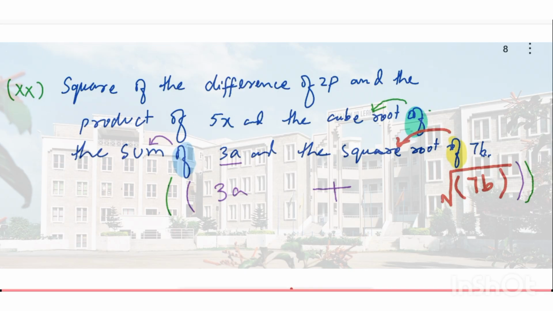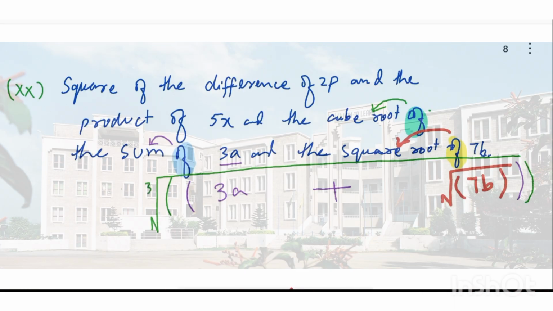So cube root means we'll be putting cube root till the end of the statement. Remember I said that the number in a cube root must be in smaller case, not bigger case. Now this we have done.